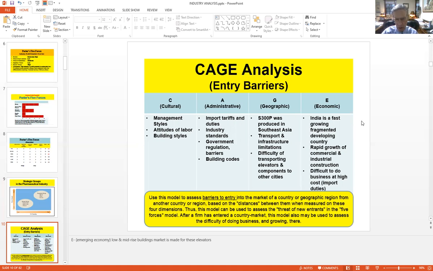And thankfully, one of Porter's colleagues at the Harvard Business School, a guy named Pankaj Ghemawat, came up with this model, the CAGE analysis.